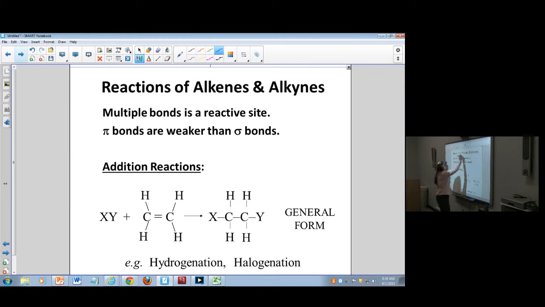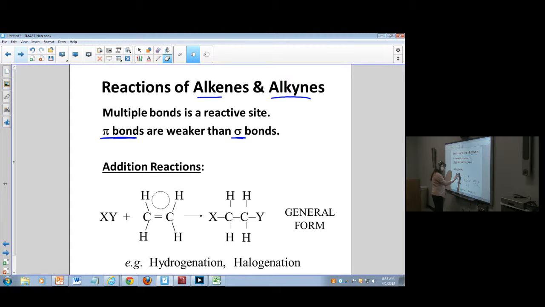Now, for alkenes and alkynes, this has a double bond, and pi bonds are weaker than sigma bonds. I want you to notice we're not talking about the double bond as a whole, we're talking about the parts of the double or triple bond. Pi bonds are weak compared to sigma bonds, so that allows an attack to occur at this double bond, and you can change things around.